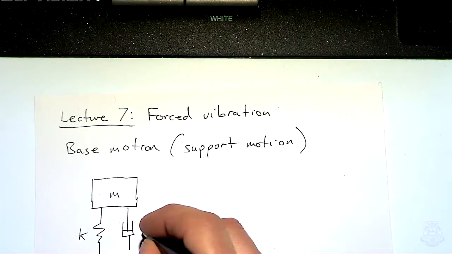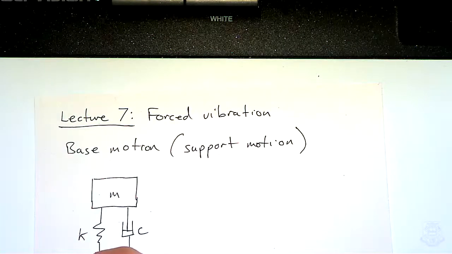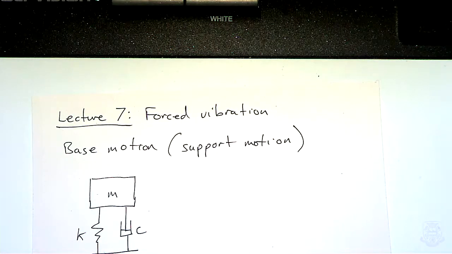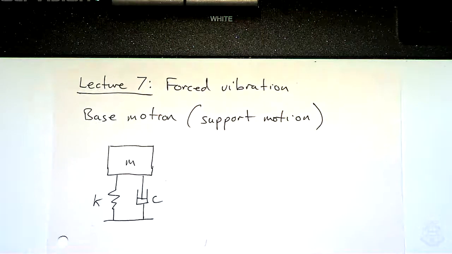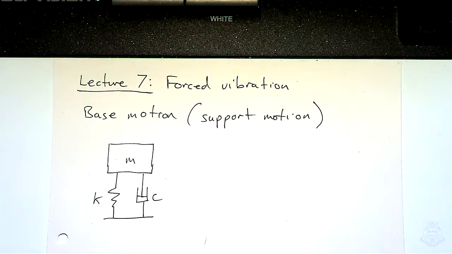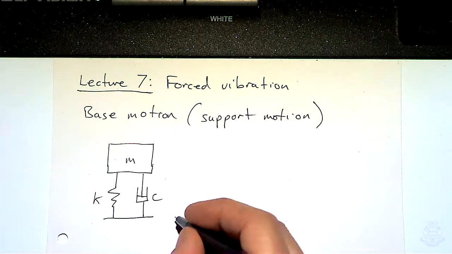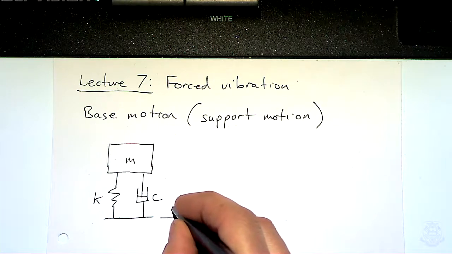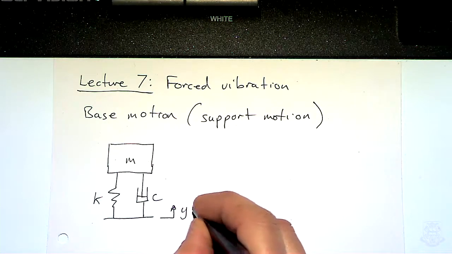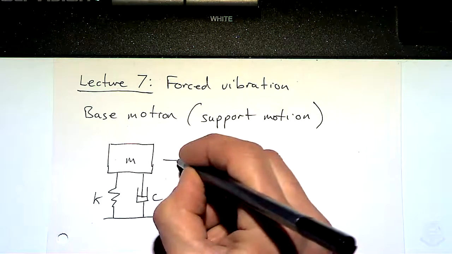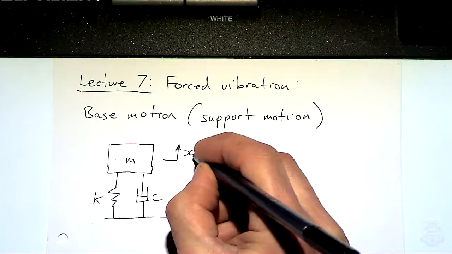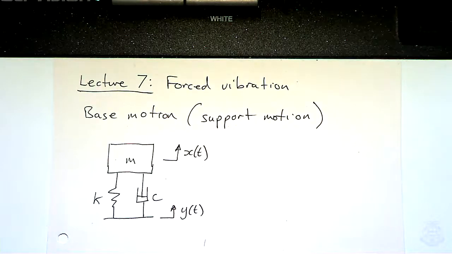So k for the spring and c for the damper. But in this case, we're going to shake the thing that the whole system is on. So we're going to move this base plate, if you like, with a signal y of t, and then our mass will move with a displacement x of t, just like it did previously.